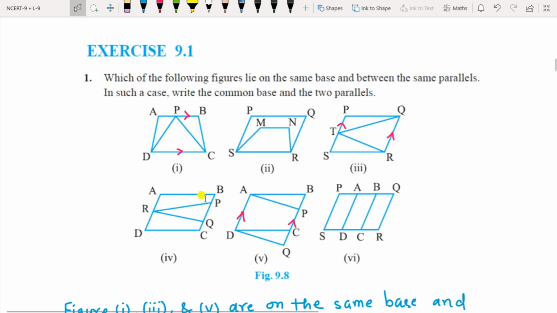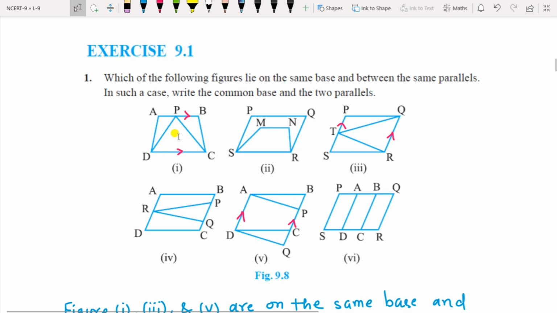In this case, the parallel lines are the same, that is AD and CB, but the base is not the same for the triangle and the parallelogram. In this case, they lie between the same parallel lines AD and BQ, and the base is also the same, AD. And in this case, the parallel lines are not the same, and the base may be the same for either AD or BC here.